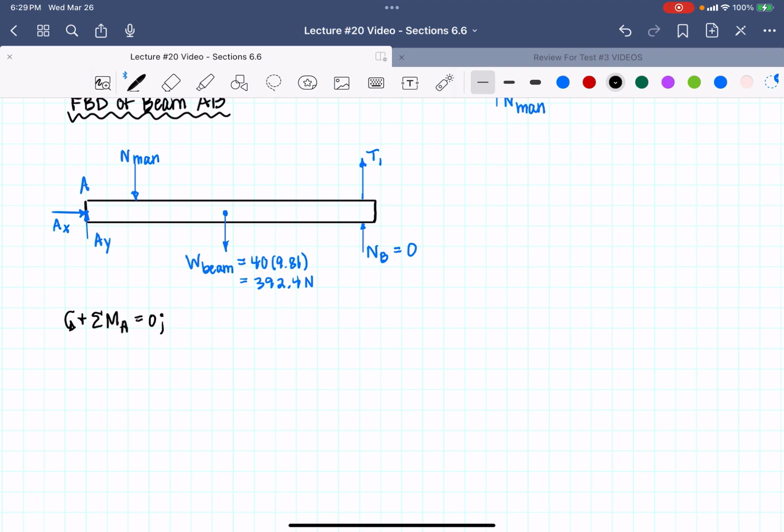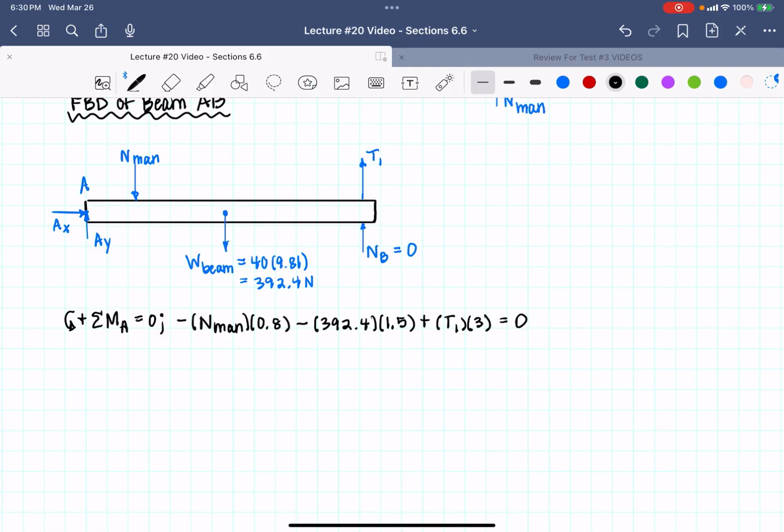So I've got the normal force from the man in the negative direction, and he is 0.8 meters from A. I've got the weight of the beam, also in the negative direction, and it is in the middle of the beam. The beam itself is 3 meters, so the middle is 1.5. And then I've got that T1 in the positive direction, and it is at the end of the beam, so it is at 3 meters, equals 0.